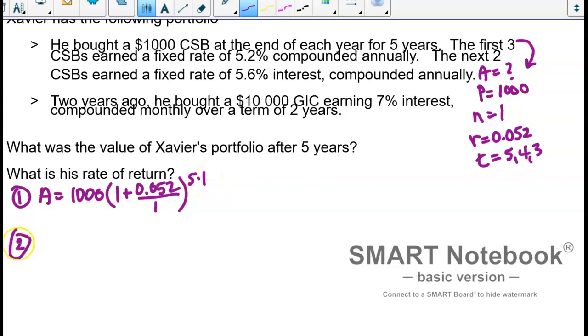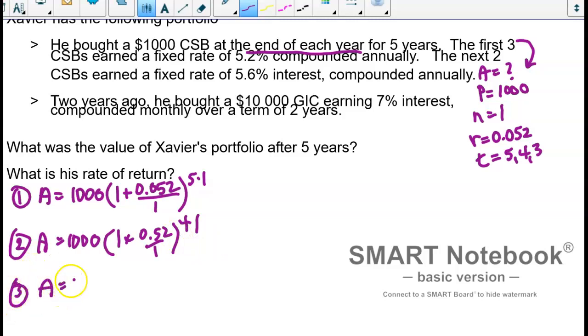Now, the second one will have the same. You put $1,000 in, 1 plus same interest rate, same compounding annually. This is just 4 years. Remember, he bought at the end of each year, so 4 years times 1. Third one will be similar, but will only last for 3 years. Whoops, I wrote that number wrong. There's supposed to be a 0 in there.